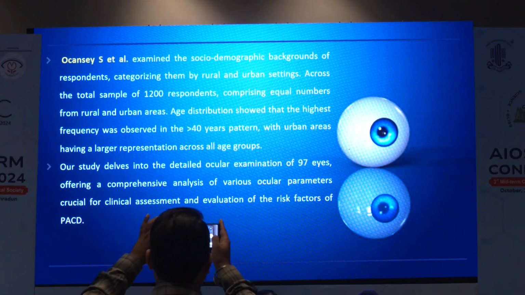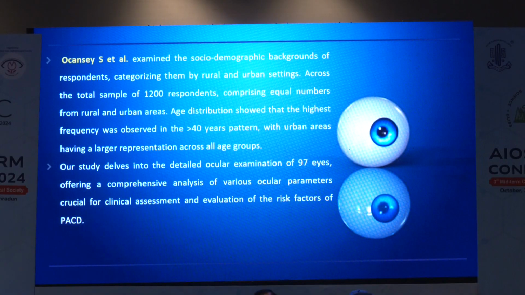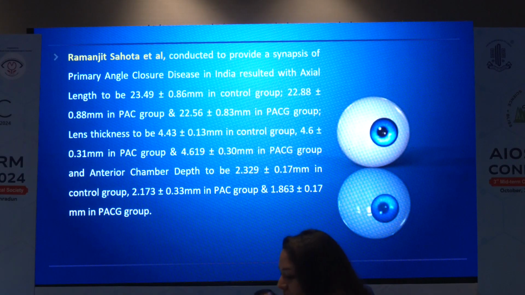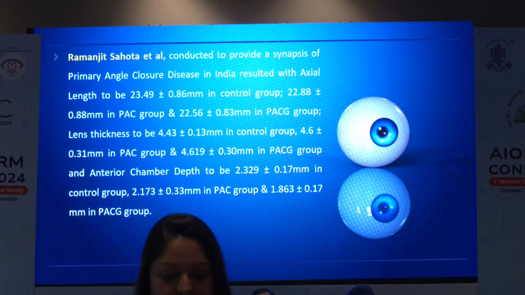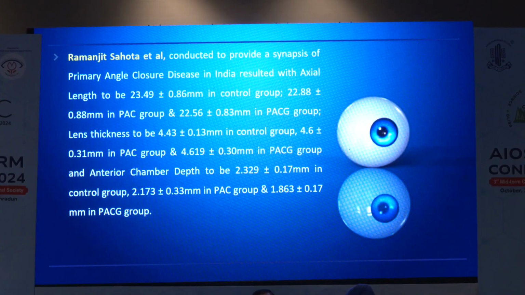Our study delves into the detailed ocular examination of 97 eyes, offering a comprehensive analysis of various ocular parameters crucial for clinical assessment and evaluation of the risk factors of PACD. Ramanjit Sahota et al. conducted a synopsis of primary angle closure disease in India, with axial length of 23.49 plus minus 0.86 mm in the control group, 22.88 in the PACS subgroup, and 22.56 in the PACG subgroup.